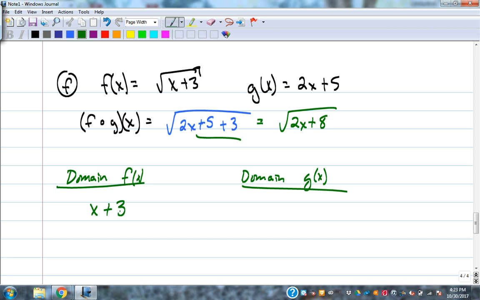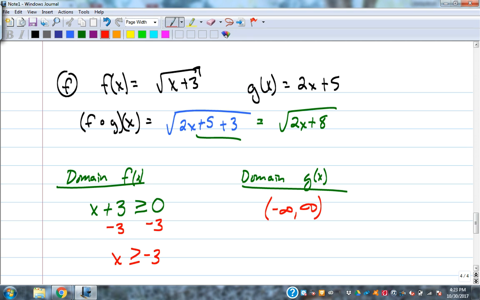Take what's under the square root and set it greater than or equal to 0, and find that amount. So x has got to be greater than or equal to -3. Are there any restrictions on g of x? No, it's negative infinity to positive infinity.